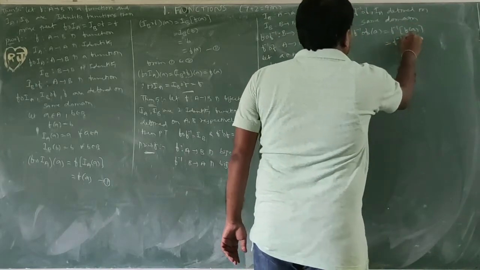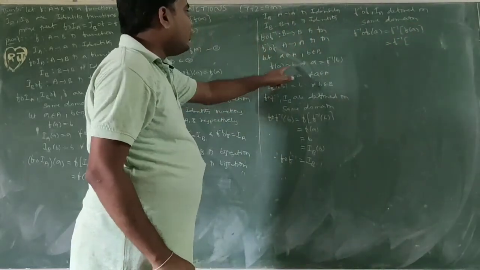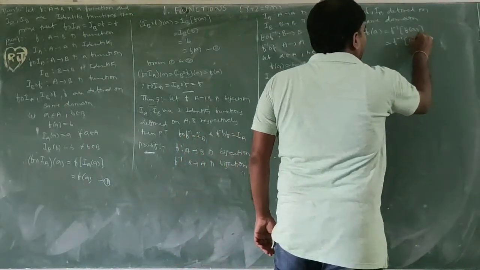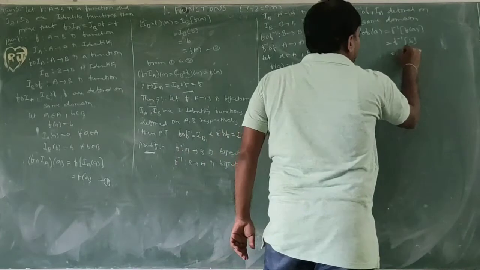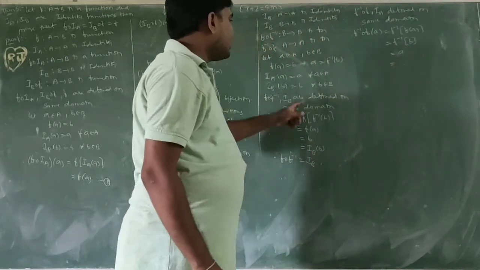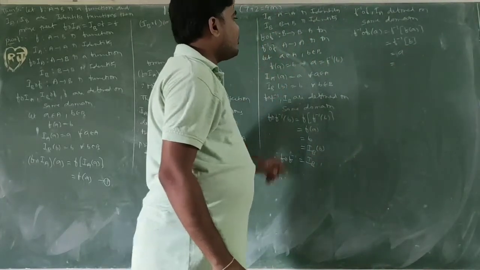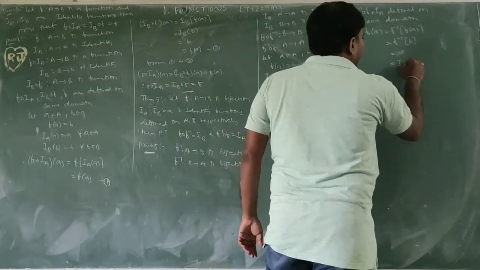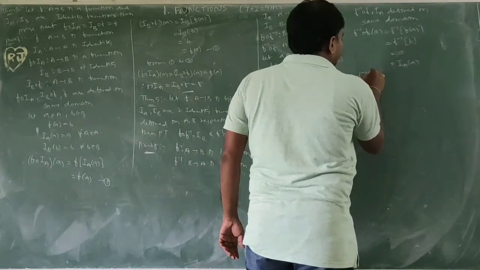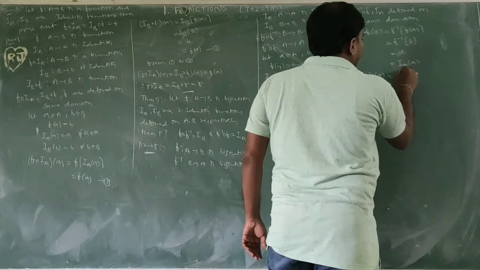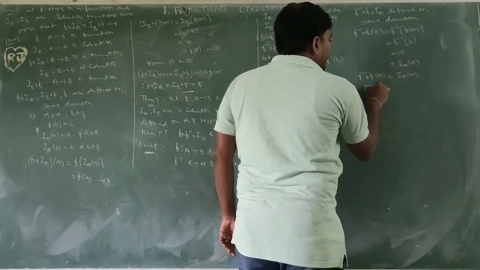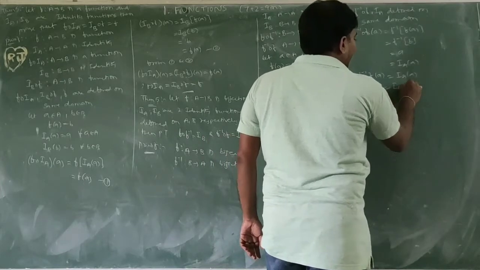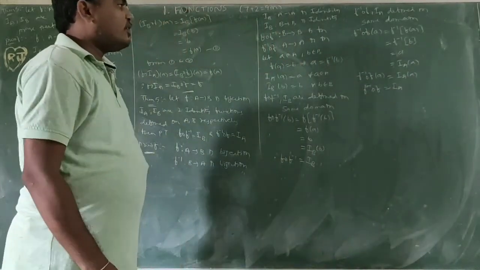F of a equal to b. Next, F inverse of b equal to a. This a we can write as a equal to IA of a. So F inverse circle F of a equal to IA of a. So the images are equal: F inverse circle F equal to IA.